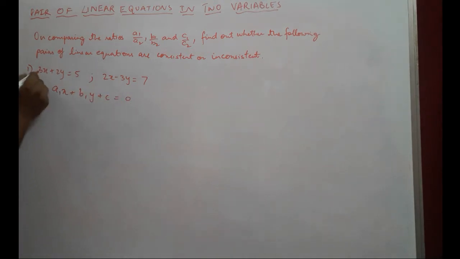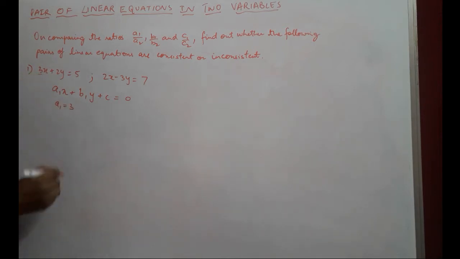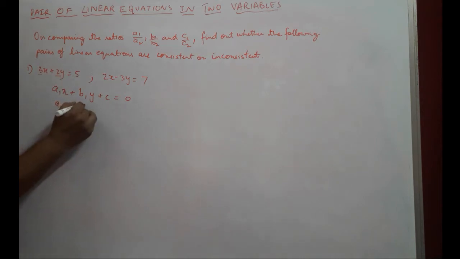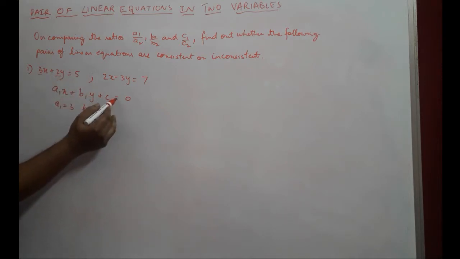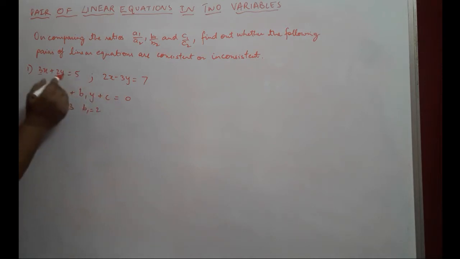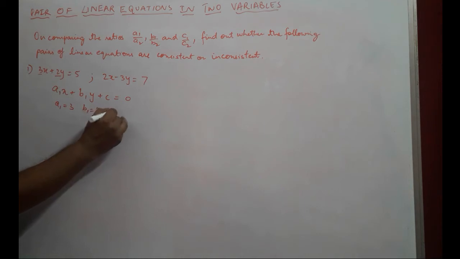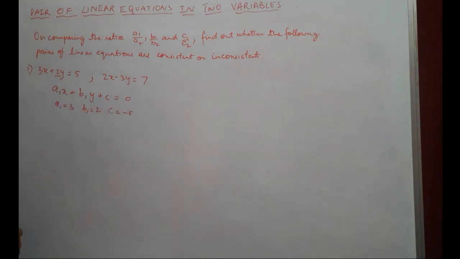In this case, a1 is equal to 3, b1 is equal to 2, and since 5 is on the other side of the equal to sign, if we bring 5 to the left hand side then it will become negative, so c1 will be equal to negative 5.